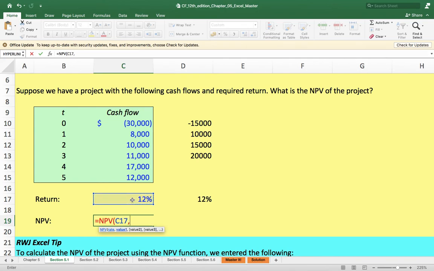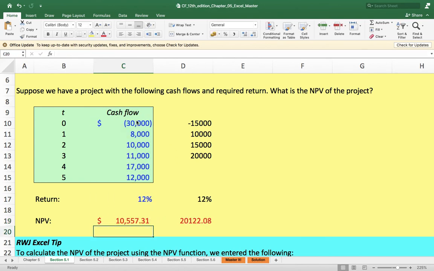Now enter the range of cash inflows, the projected cash flows from year 1 to year 5, bracket close. Now you have the present values of the projected cash flows being discounted. That will be adjusted with whatever you have invested in the beginning, giving 10,557. So this is the way we calculate the net present value.